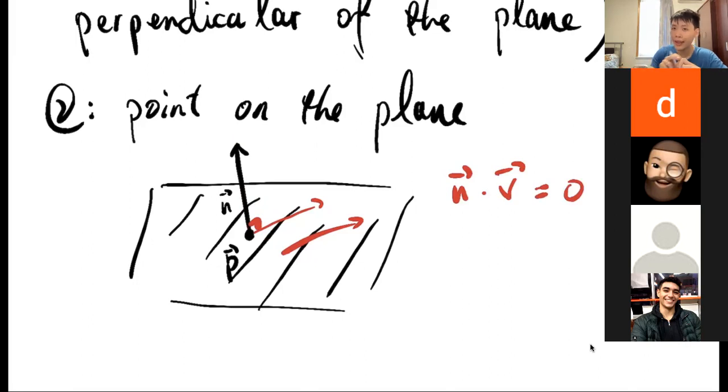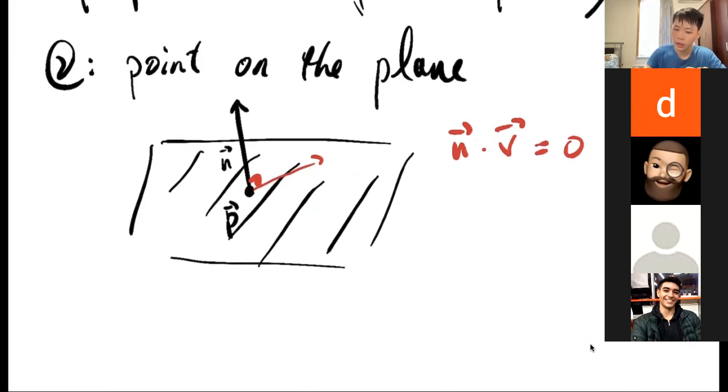So that works on any vectors on the plane. In particular, it works on any vectors that start with the point P. So it is enough to consider the vectors that start with the point P. So let's say you have a point in the plane x, y, z.